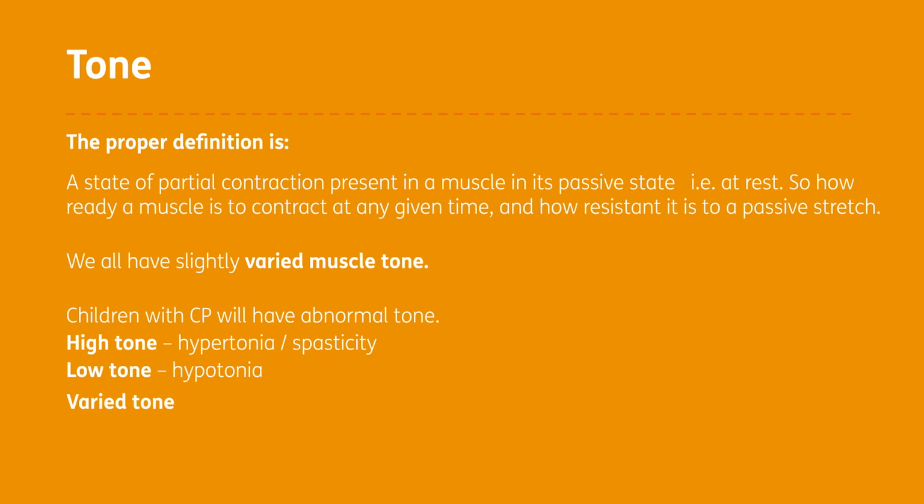Some children with CP will have variable tone, so at times it will be high and low, or they might have low tone in one part of their body compared to high tone elsewhere. Quite commonly, we see low tone in the trunk, so in the body, so the child might struggle to hold themselves up, and high tone in their arms and legs.